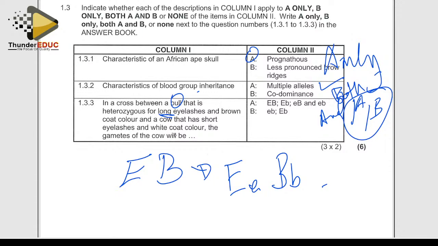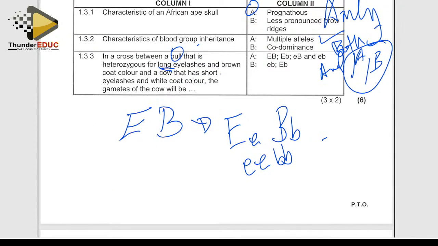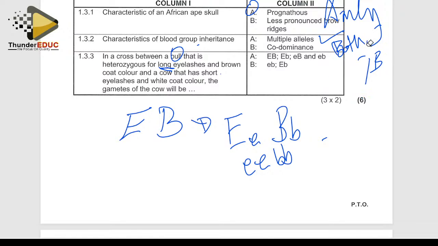They're saying that the cow has short eyelashes and white coat. It means that those are recessive. So I expect them to be like this and like that. They're saying the gamete of the cow. In this case, they are looking for the gamete of the cow, not the bull. If they were saying the gamete of the bull, definitely it would have been this.